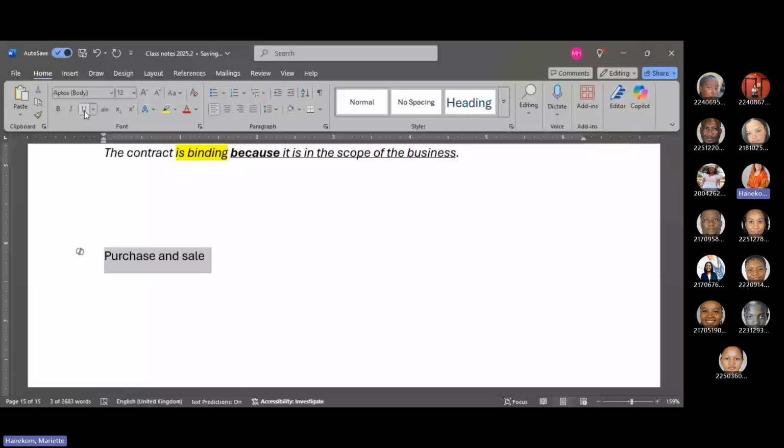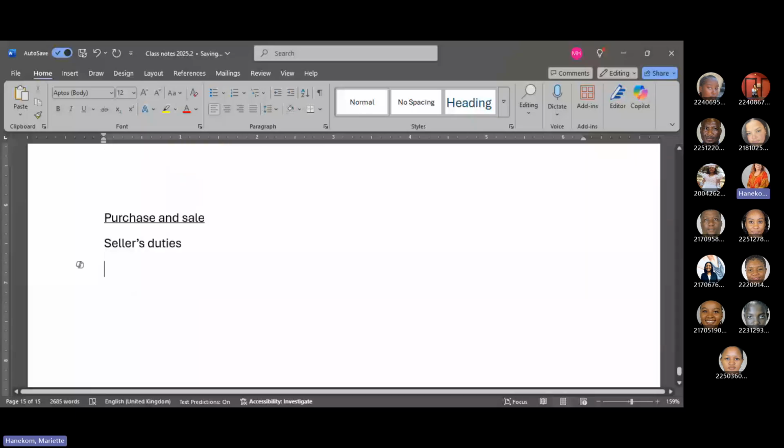What is important that you understand from the contract of purchase and sale is that the seller has various duties. And what I'm saying now is because these are common errors that I have picked up in the past in law exams based on purchase and sale. What are the seller's duties?